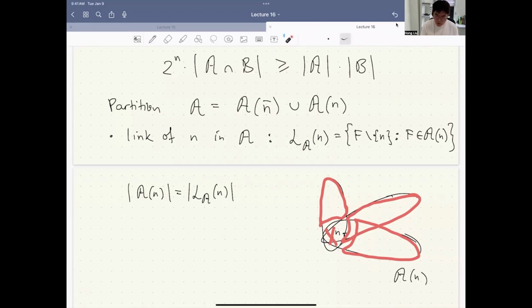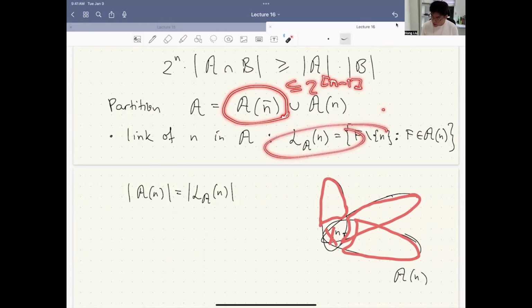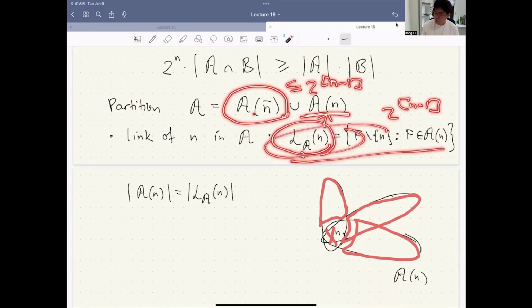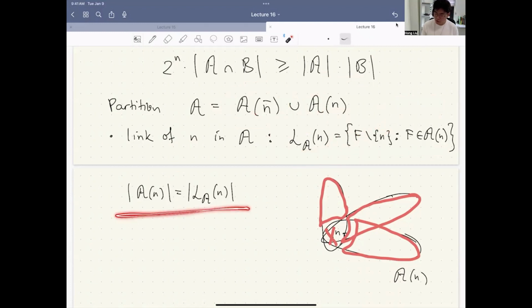We're going to focus on these two families. We're going to apply the induction hypothesis on those not containing n, which live in 2 to the n minus 1 now. And this also lives in 2 to the n minus 1 and n disappears in both families. Even though this is not quite a subfamily, there's a one-to-one correspondence, just with n removed.